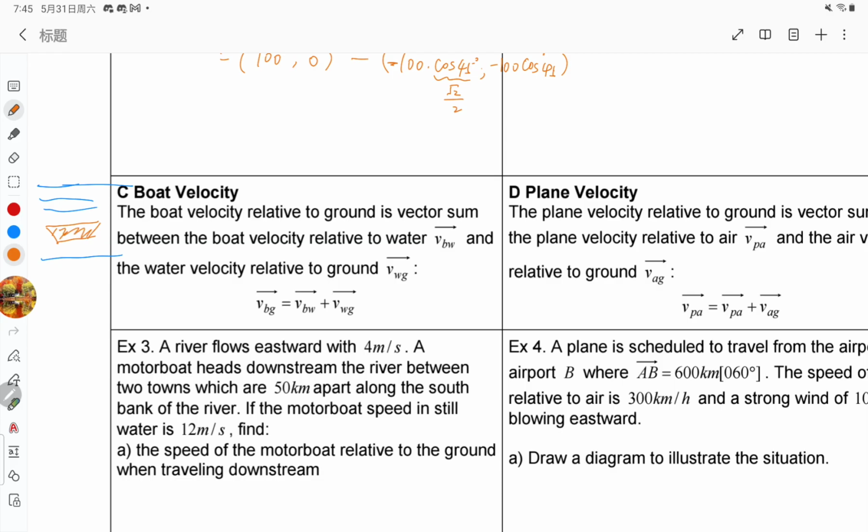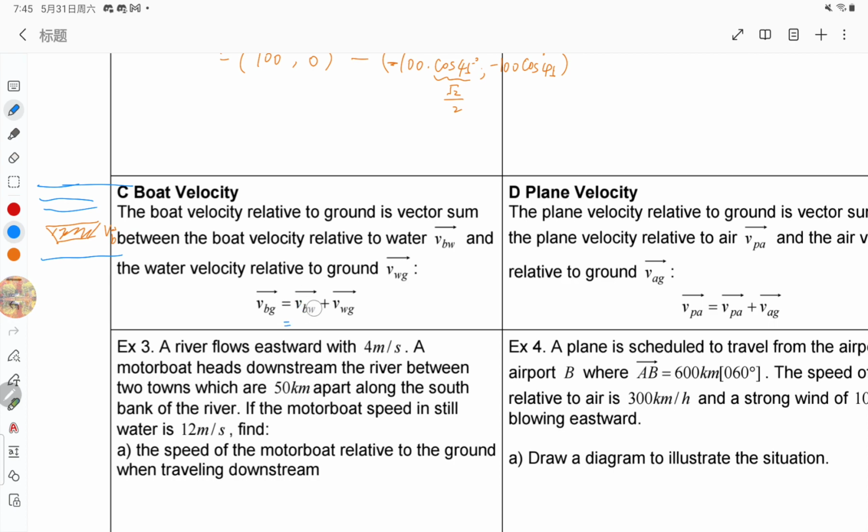Sorry. Let's see. The boat has some velocity, let's say v boat, right? So we can further decompose it.